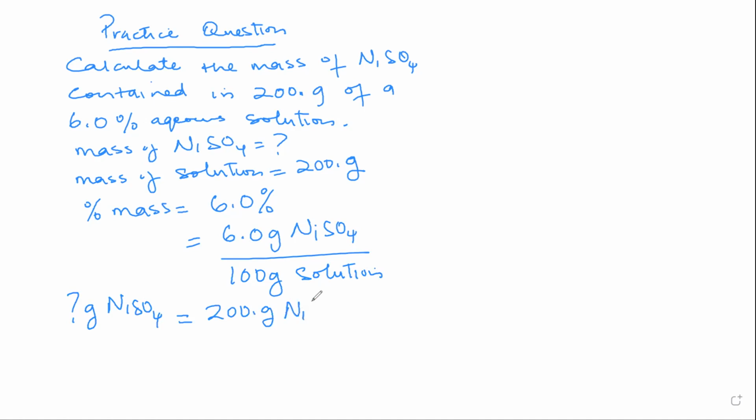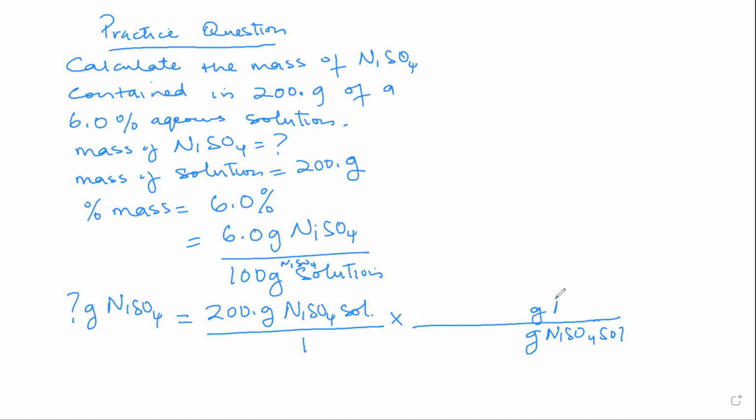This means nickel sulfate solution. I should have put it here for clarity. Solution over 1. Remember, whatever we're given, over 1. Now we write the unit, grams of nickel sulfate solution.